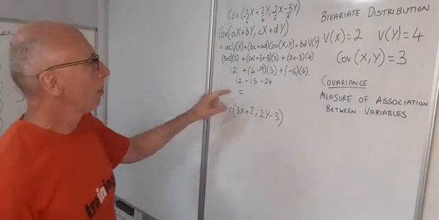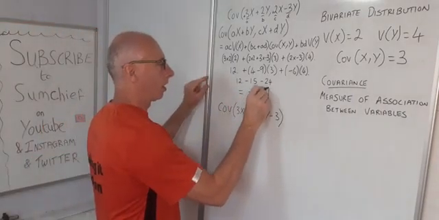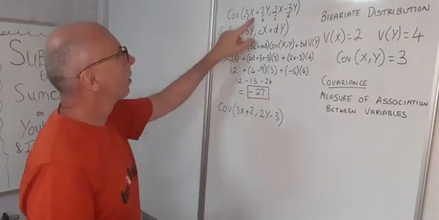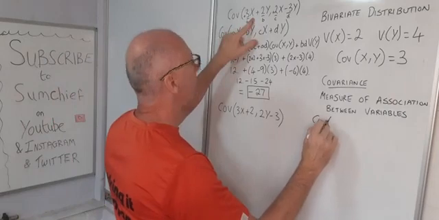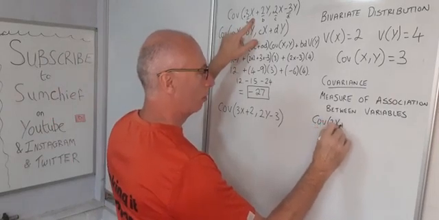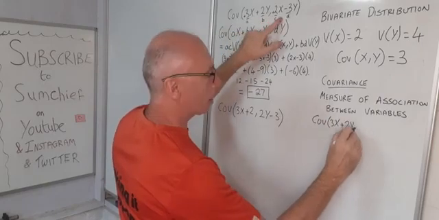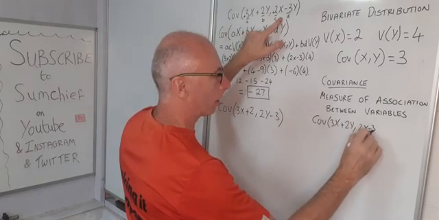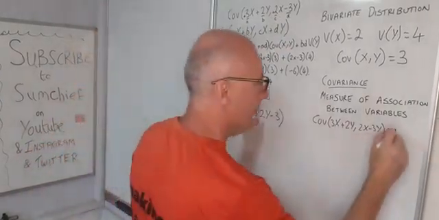To my reckoning, that's minus 27. So the covariance of 3x plus 2y and 2x minus 3y, I get to be minus 27.